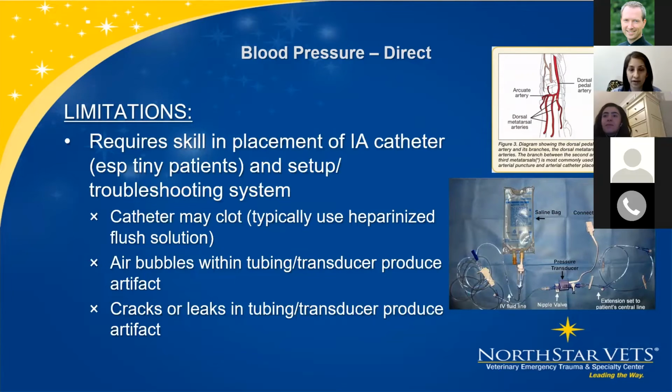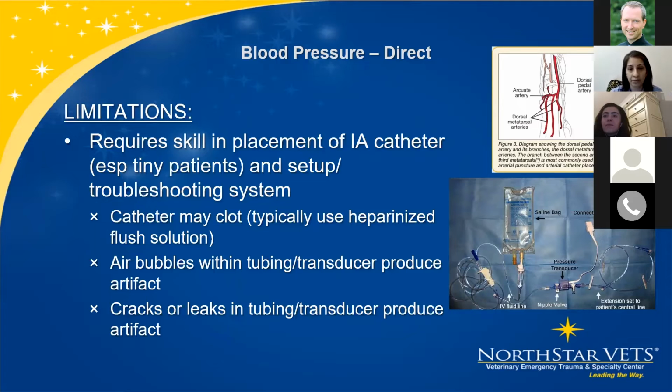But there is the required skill of being able to place the intra-arterial catheter. Mostly this is a problem in our super tiny patients. So sometimes, again, those are the ones that we have the most difficulty measuring in the first place, so getting an arterial line in them is not the easiest thing either.